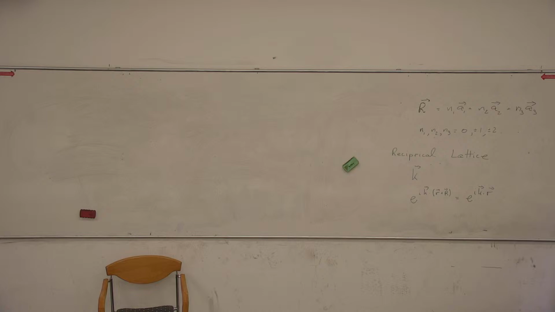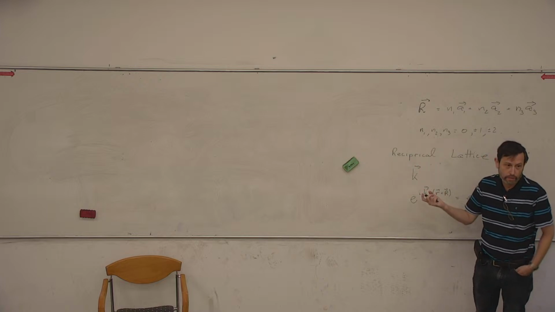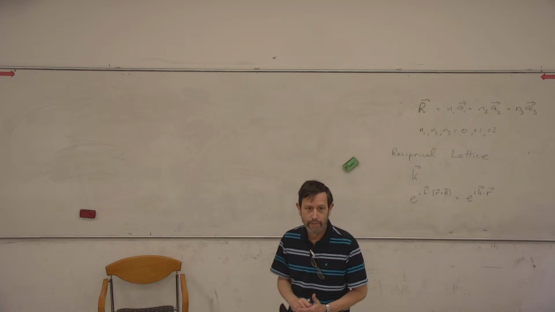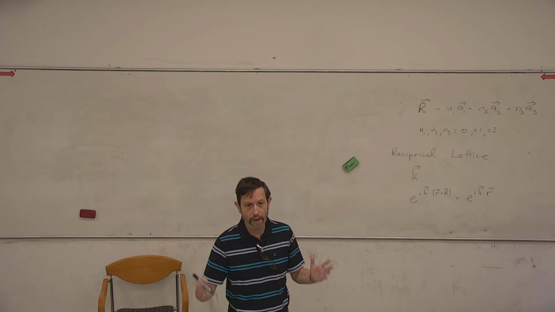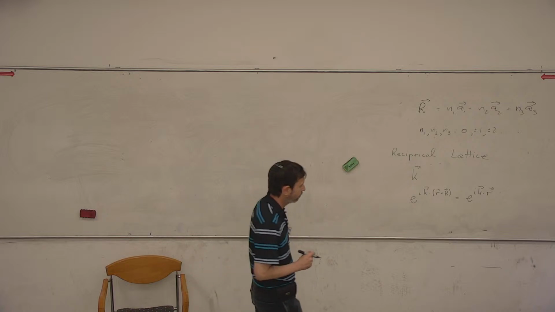Let's stop a minute and look at what's written here. Okay, why do I say that vector k defines a lattice? It's exactly like R. It's a vector. So this vector describes all the points in the reciprocal lattice.